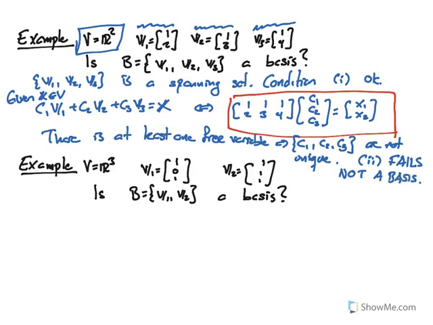All right, so now let's move on to R3. So in R3, suppose I have 2 vectors. So these are old acquaintances. They've come up in several examples before. And we verified that these 2 vectors are linearly independent. So B is linearly independent. So condition 2 is okay in this case.